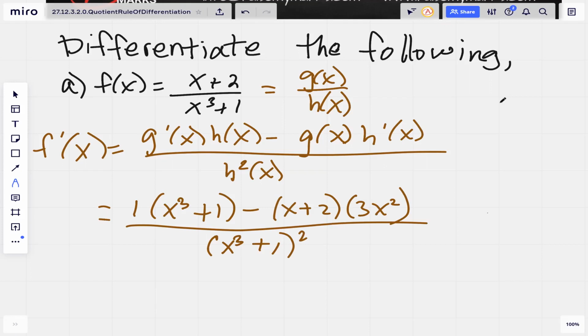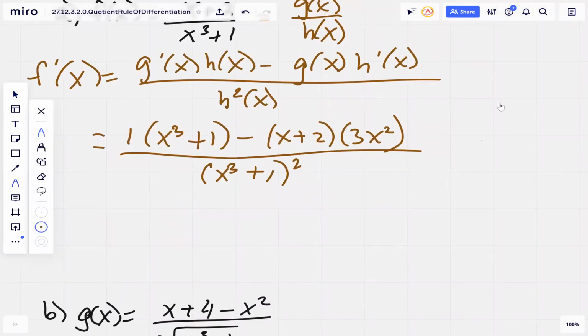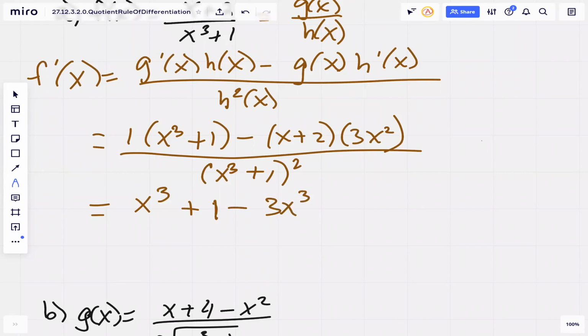And again, we can simplify. There's not a lot of value to simplifying if you're not asked to, but let's do this one. Let's expand out everything in the numerator. Minus 6x squared.